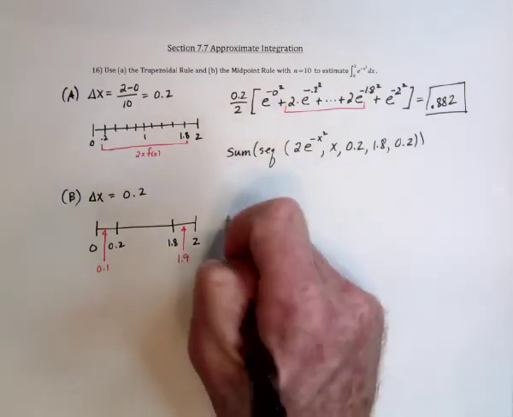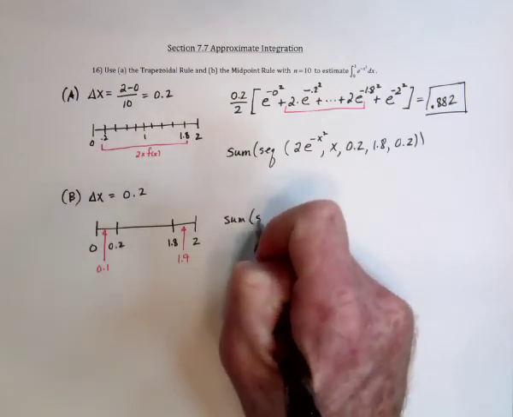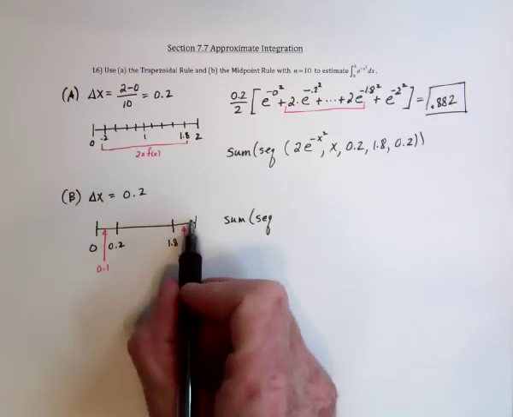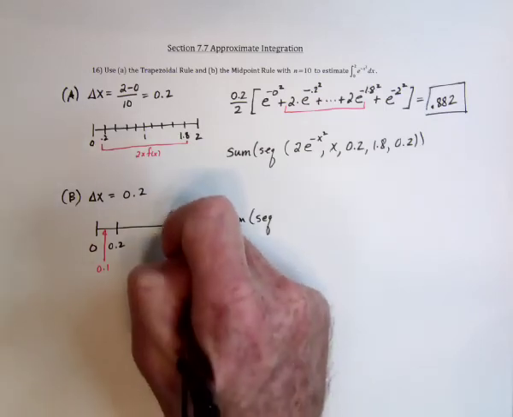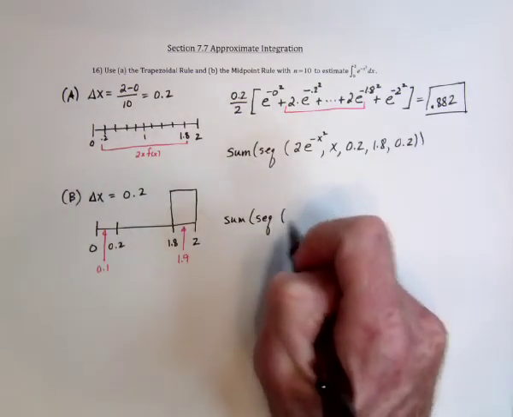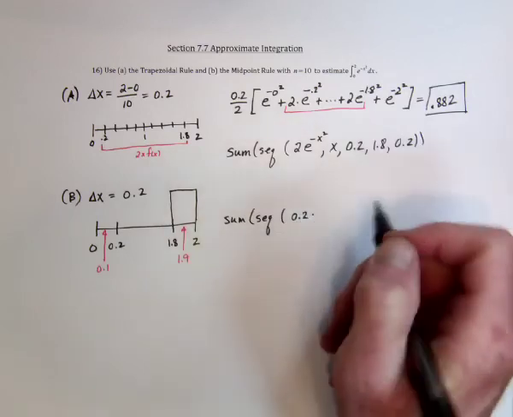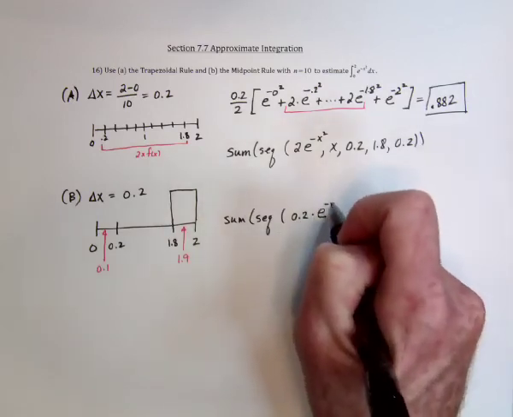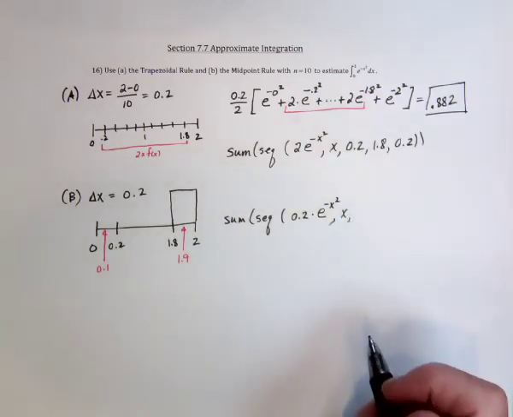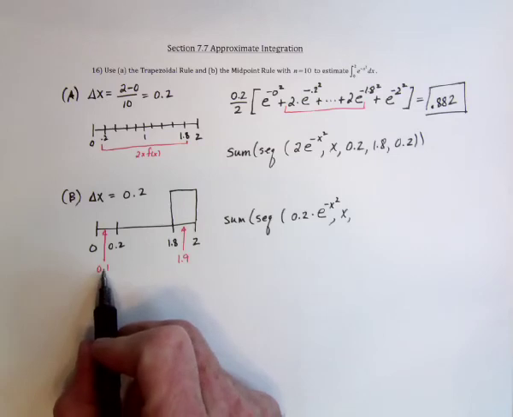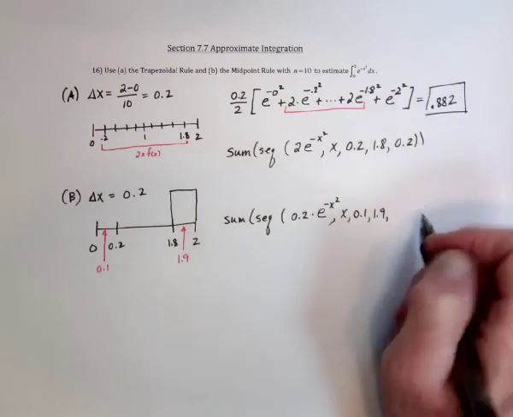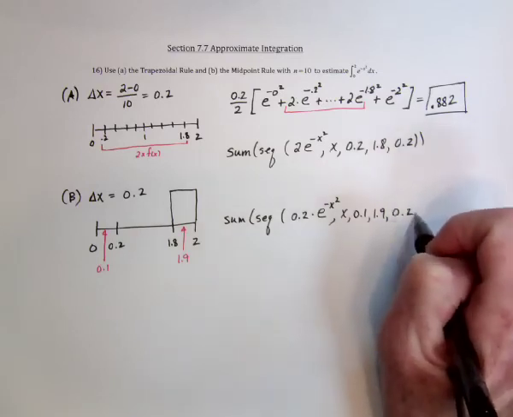So then we can have the calculator do the whole thing for us. It would be sum sequence. So this is the width of a rectangle. To find area for a rectangle, you need to know the width and the height. So the width is 0.2. The height is the e function. And then just tell it that x is the variable and that x is going from 0.1 to 1.9. And the last part is the increment is always delta x.